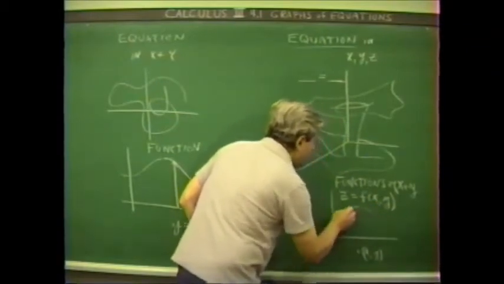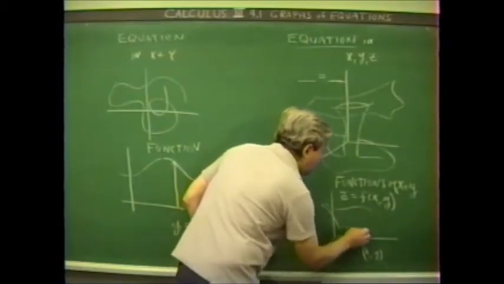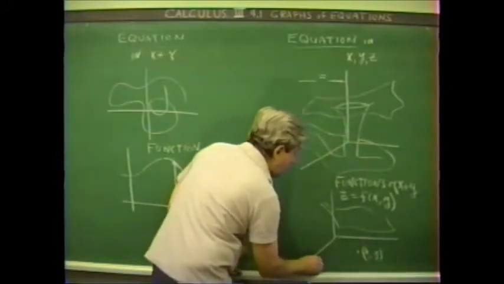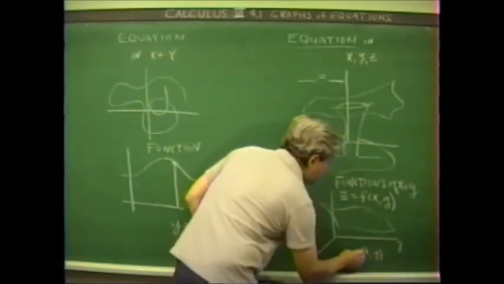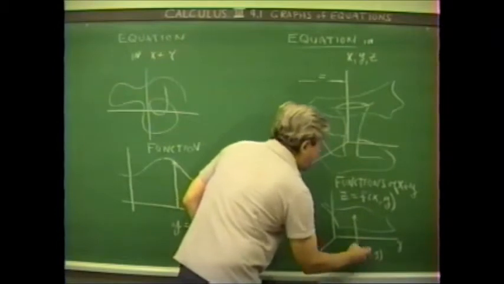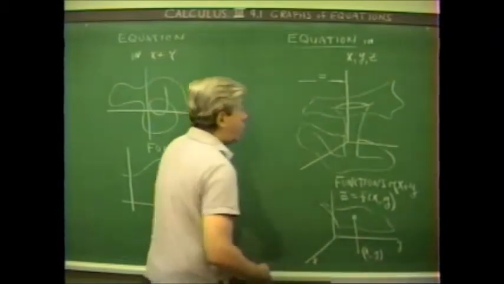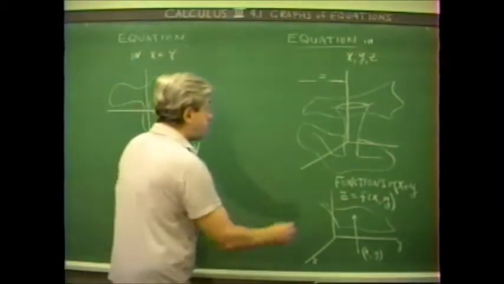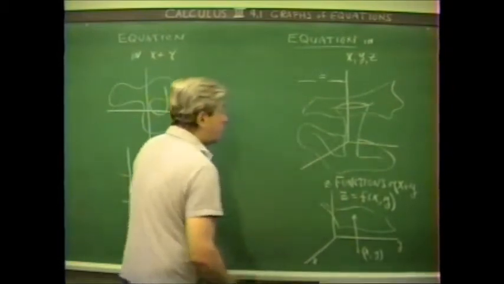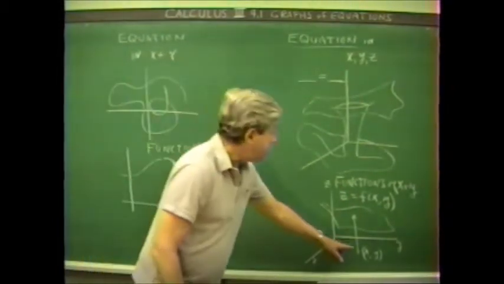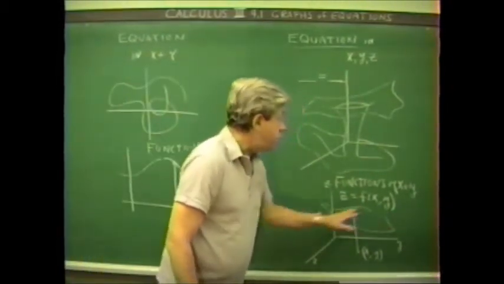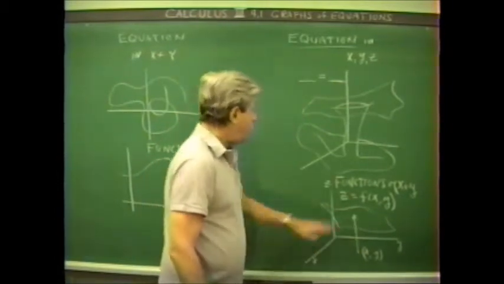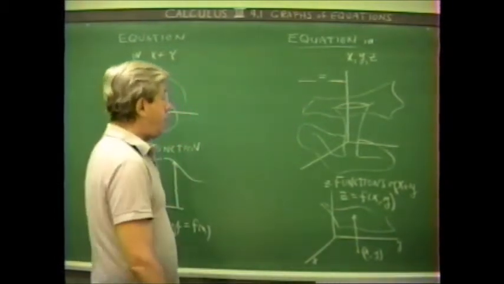It will have the surface above the xy plane. As I say, for each point x, y, there will be exactly one real number z corresponding to x, y, and this will result in a surface that is above or below the points on the xy plane.